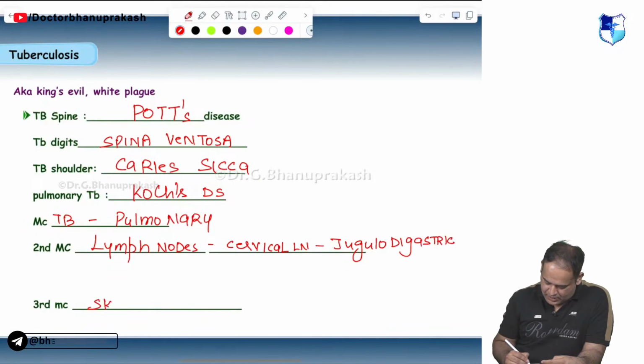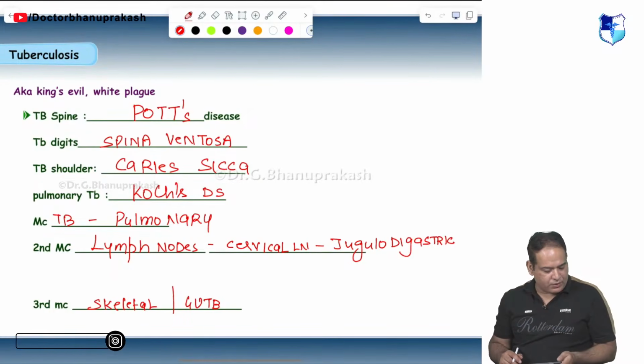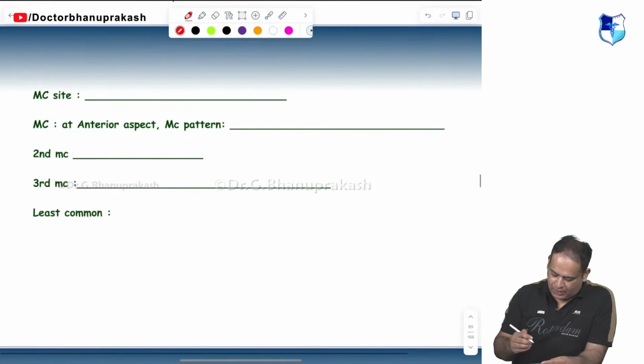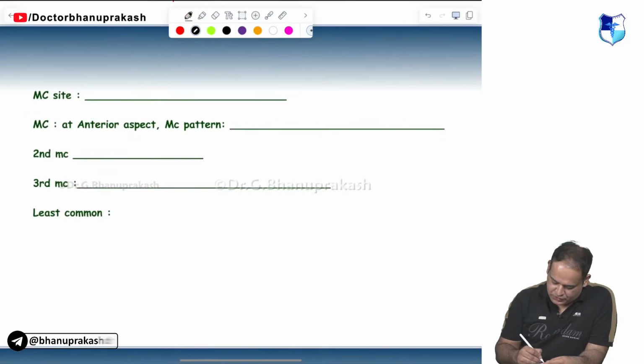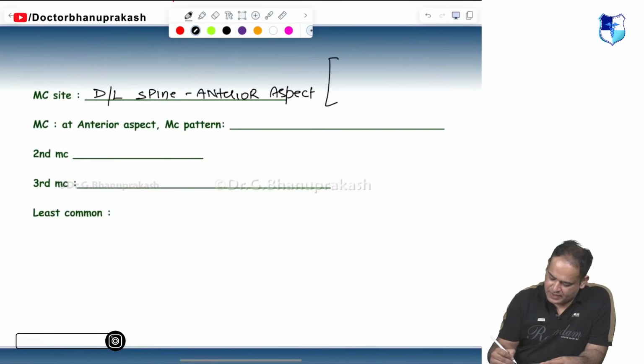Third most common is skeletal. Some books mention the third most common type is genitourinary, right? Now, in skeletal tuberculosis, what is the most common site? Dorso-lumbar spine. Which aspect? Anterior aspect. Remember, dorso-lumbar spine.